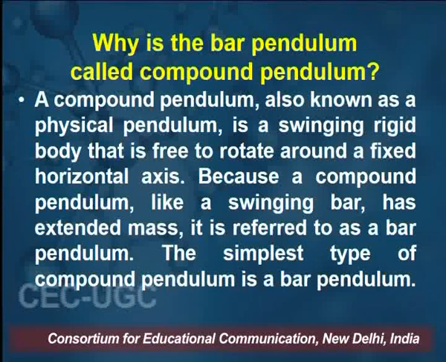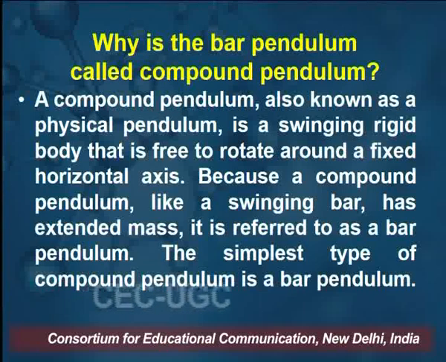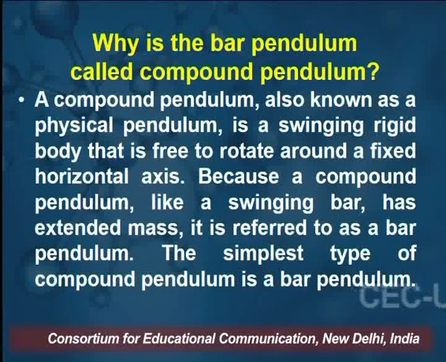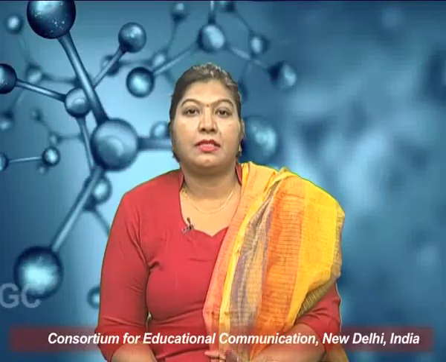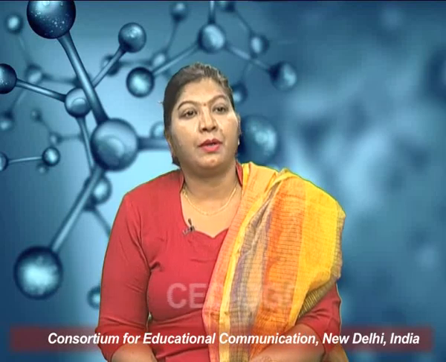Because a compound pendulum like a swing bar has extended mass, it is referred to as a bar pendulum, and its shape is like a bar. The simplest type of compound pendulum is the bar pendulum. This is the difference between the bar pendulum and the compound pendulum.